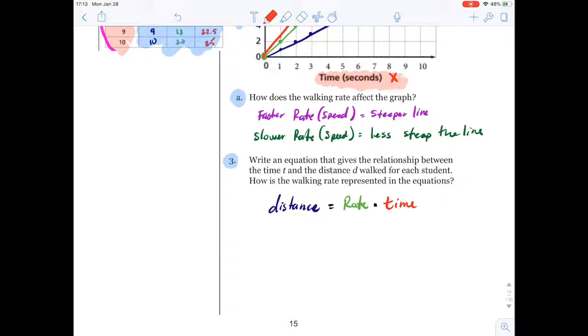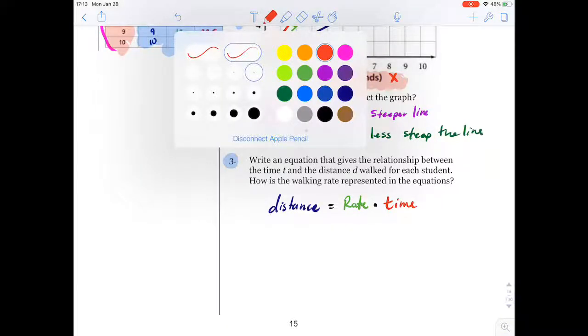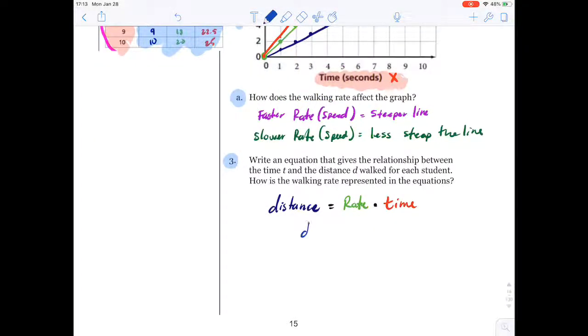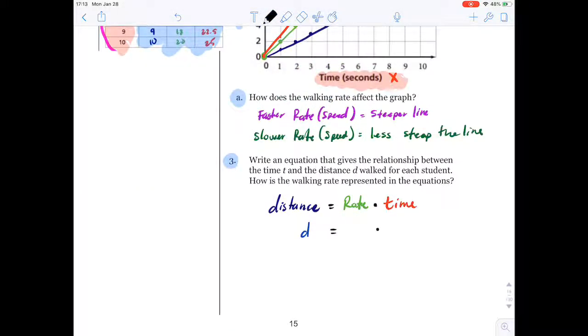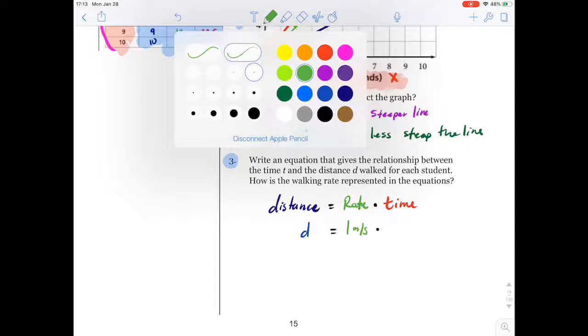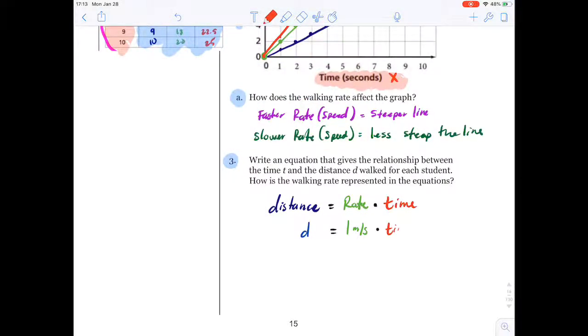Okay, so let's start with Alana. Here's Alana's equation. Alana has distance equals rate times time, and her rate is 1 meter per second times time.